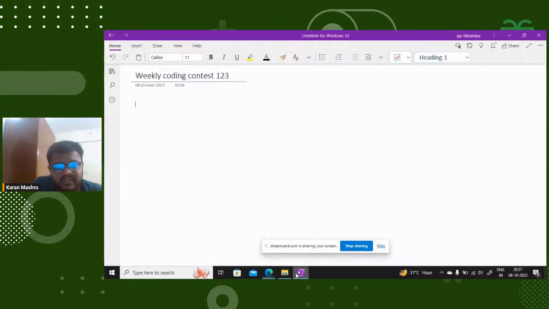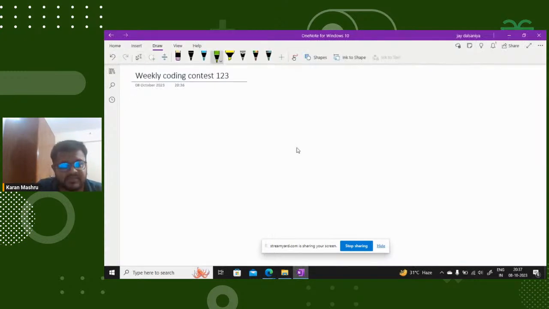So basically in this question, in the input you are given n. You need to consider a square of side 2^n. Let's say your n is equal to 2. So you need to consider a square whose side length is 2^2, which is nothing but 4.